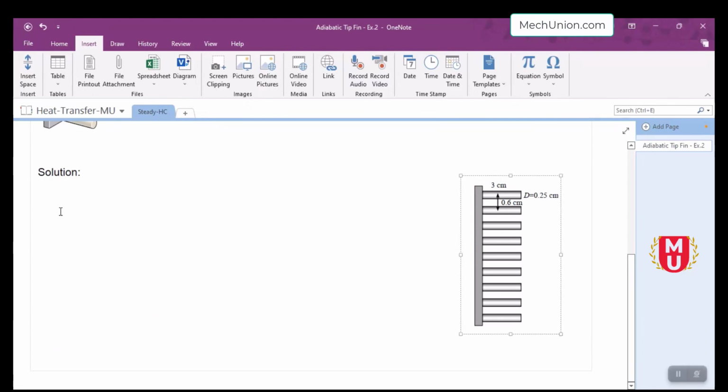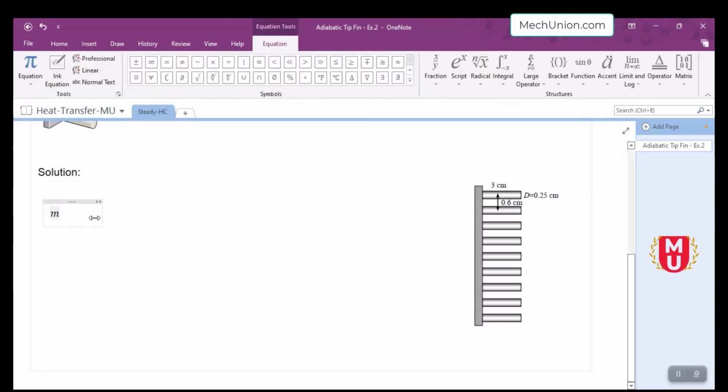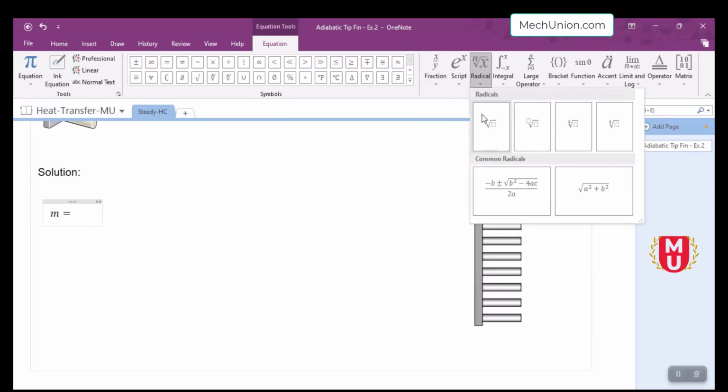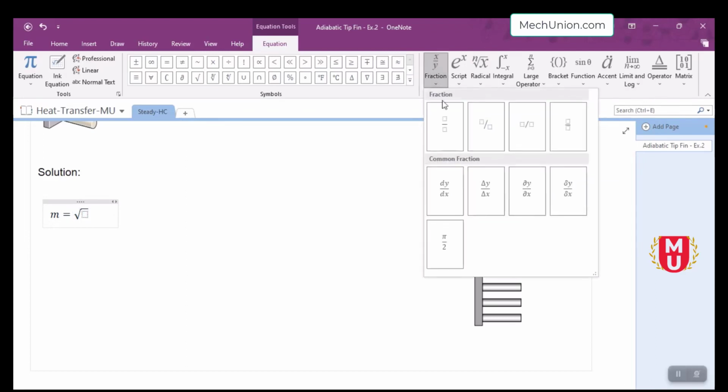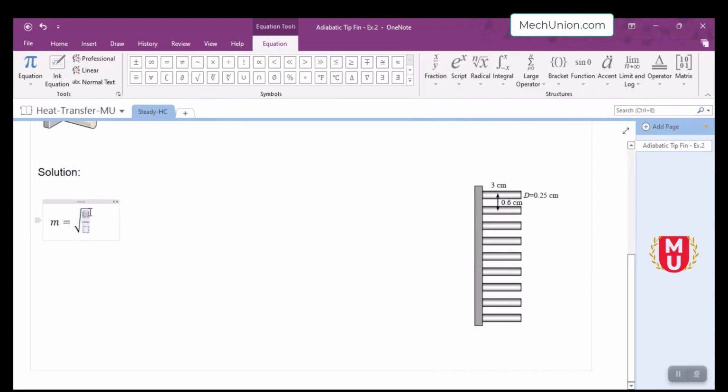For these kinds of problems, firstly we should find the m value that we have defined before. m equals the square root of hP over kA, or A_c, it doesn't differ.